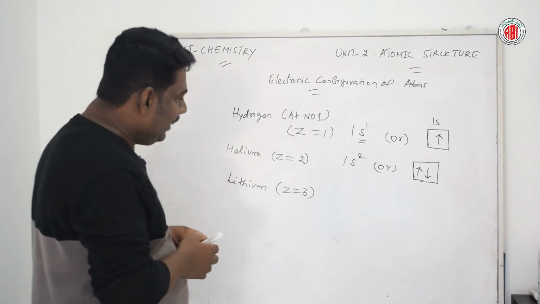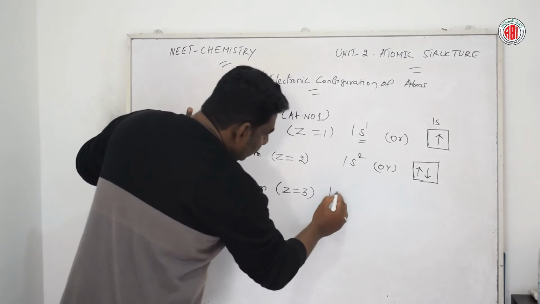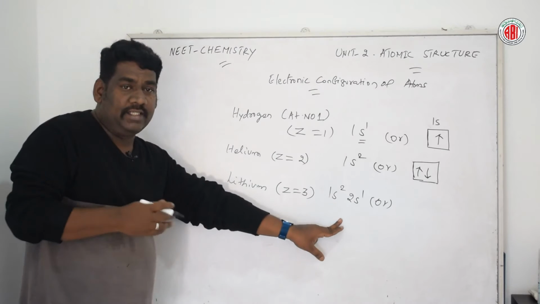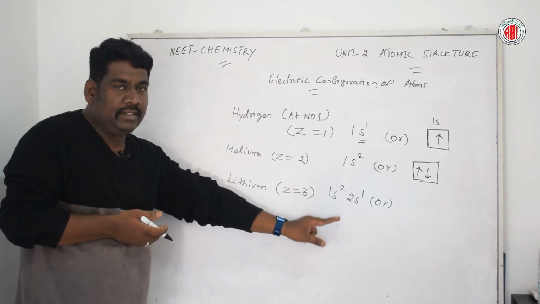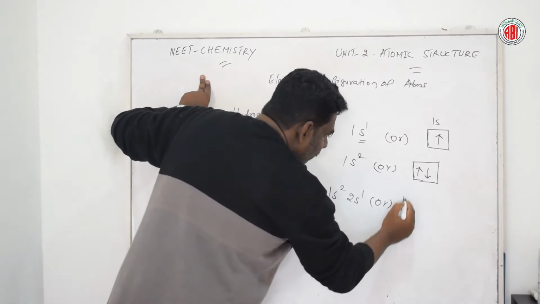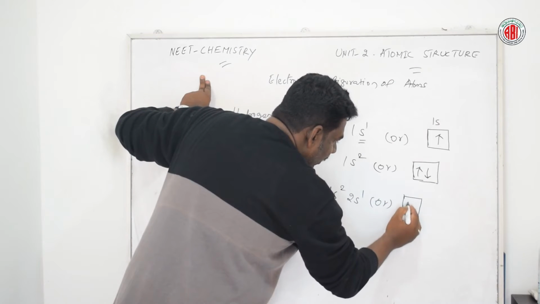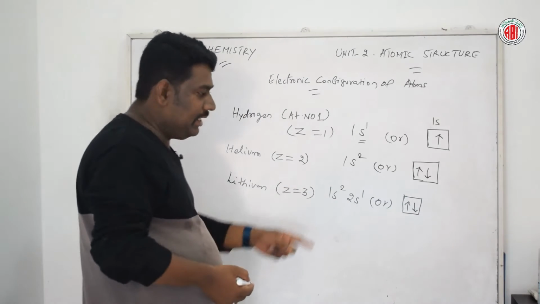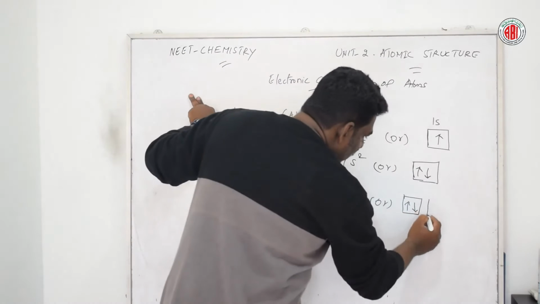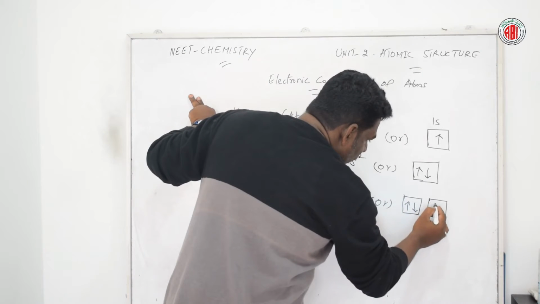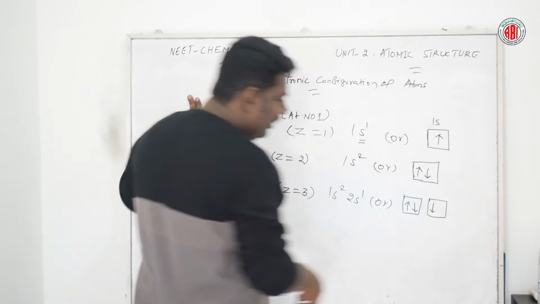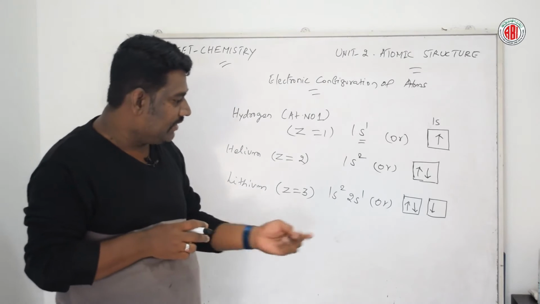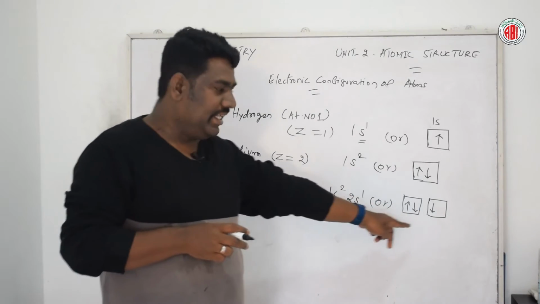So it is written as 1s2 2s1. In diagram format, one box shows 2 electrons, one arrow upward and the other downward, and another box shows one arrow pointing upward. This represents the number of electrons filled in the two lowest energy levels.